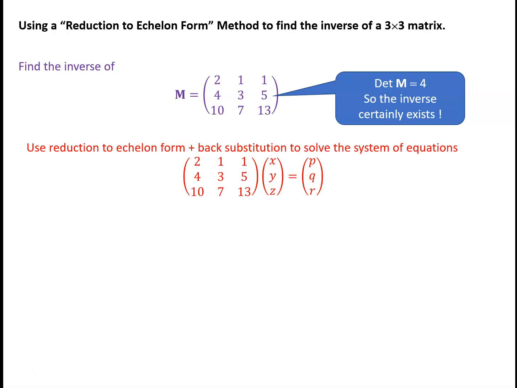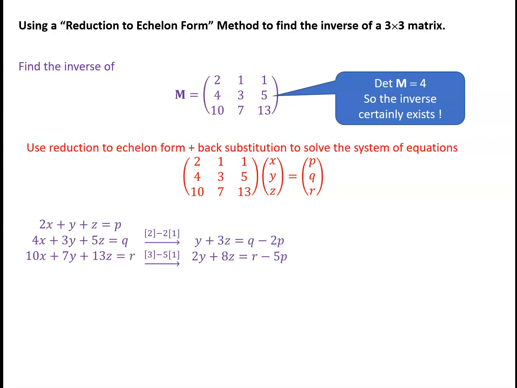So what we're going to do is use a reduction to echelon form and back substitution to solve the system of equations 2, 1, 1, 4, 3, 5, 10, 7, 13 times x, y, z equals p, q, r.